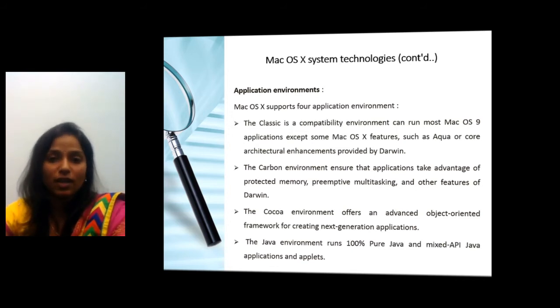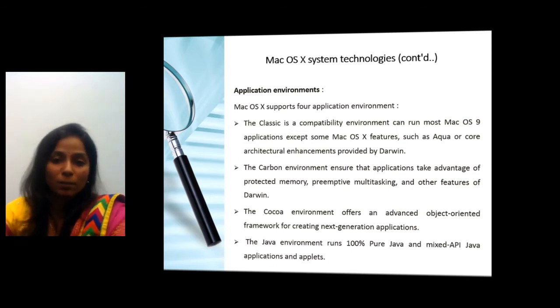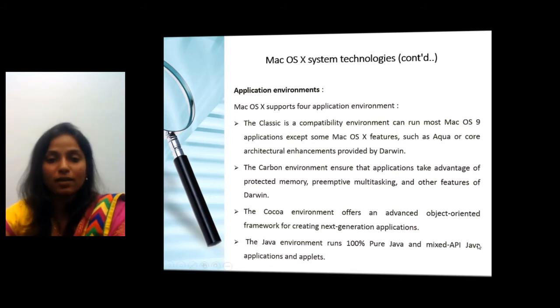Each and every element that is developed on Mac OS 9 is executed on Mac OS 9. The Carbon environment ensures that applications take advantage of protected memory, preemptive multitasking, and other features of Darwin. That is, this is the layer where we implement the applications, but this is highly involved with the developer.